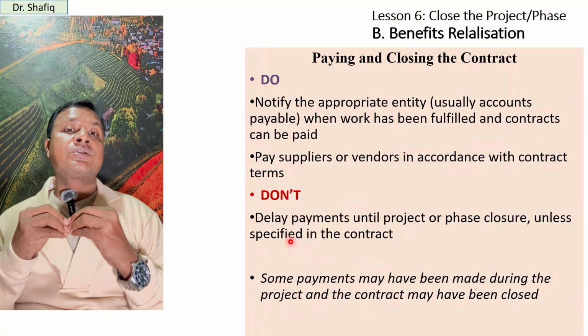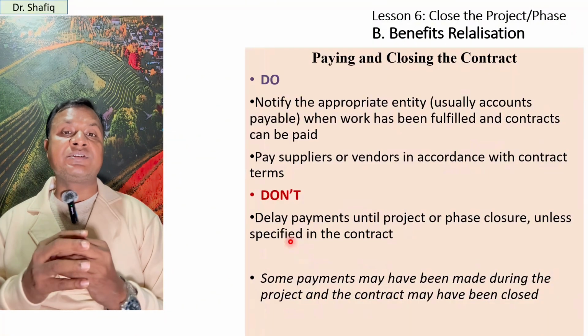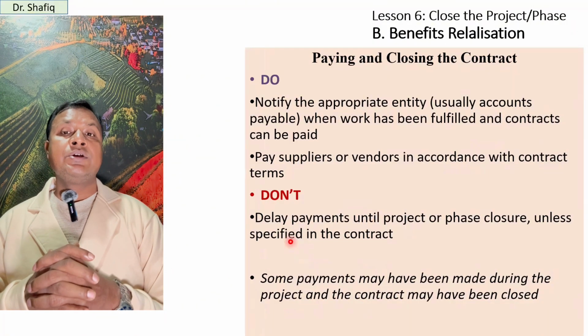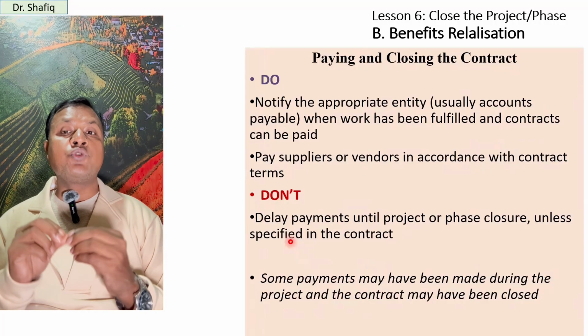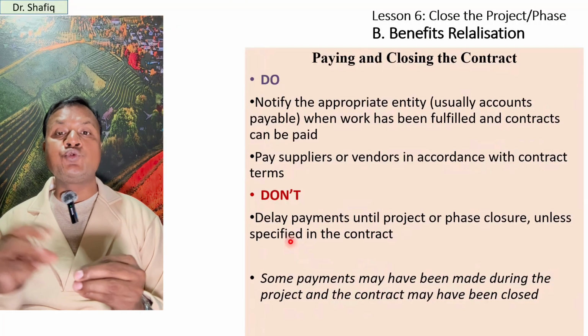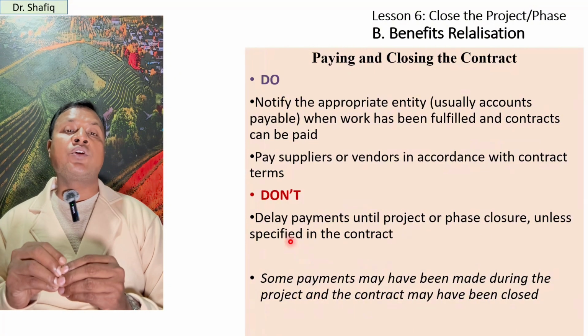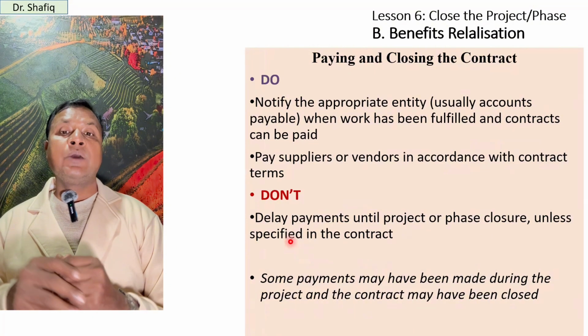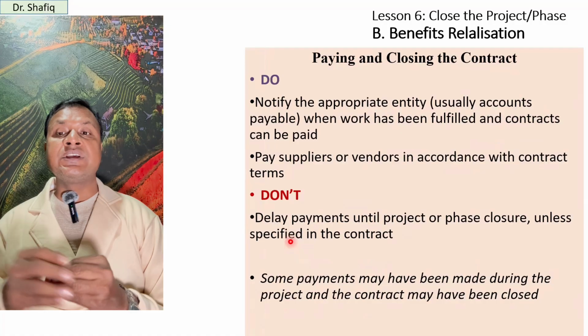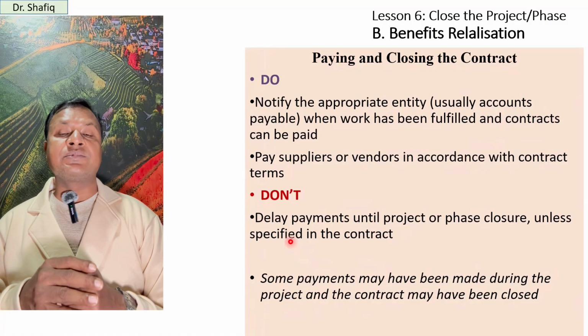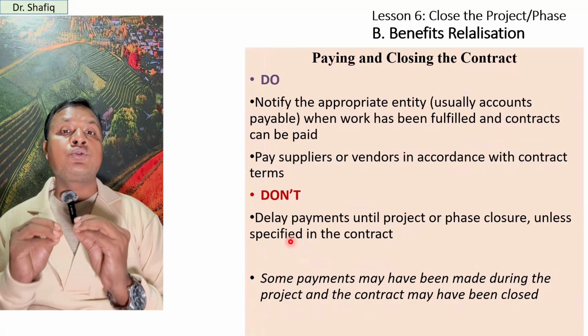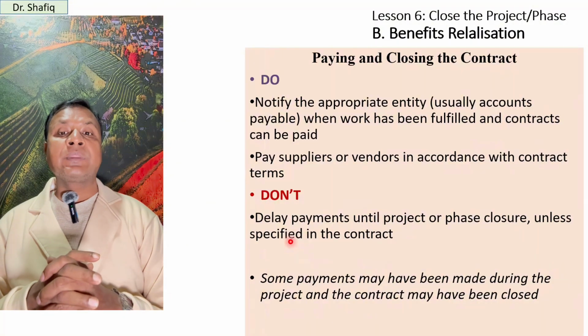So we must pay all the payments before closing the project. So what should you do? We should notify the appropriate entity, usually accounts payable, when work has been fulfilled and contracts can be paid. We should pay suppliers or vendors in accordance with the contract terms. And what should we not do?